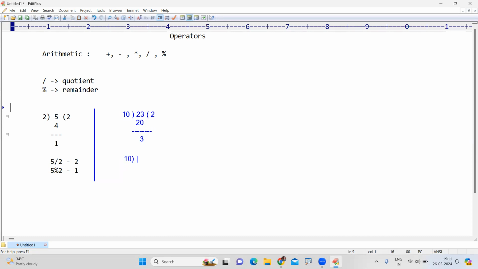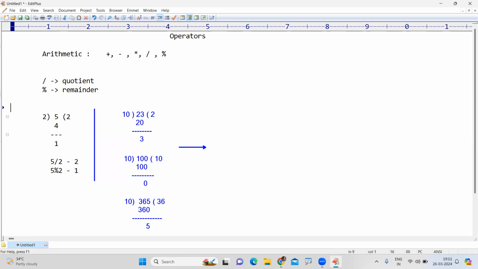Suppose here it is 100: 10 tens are 100 and the remainder is 0. Next one, any number you just divide with 10: 365, 36 times 10 is 360 and the remainder is 5. See, why, sir, every number you are dividing with 10 only.